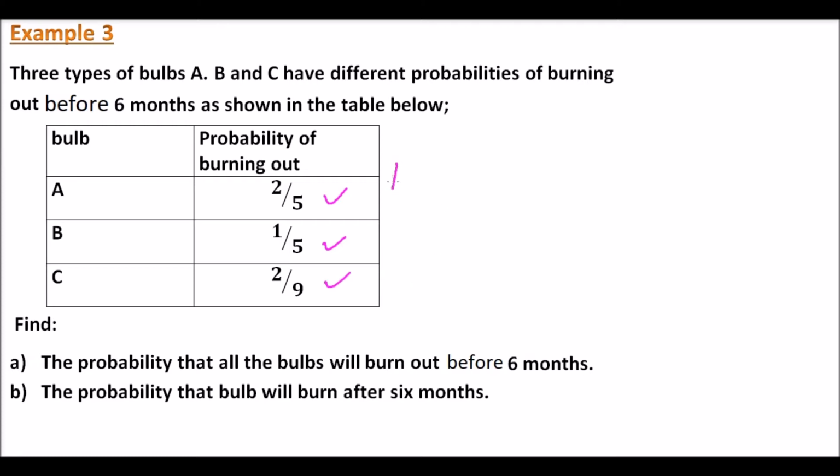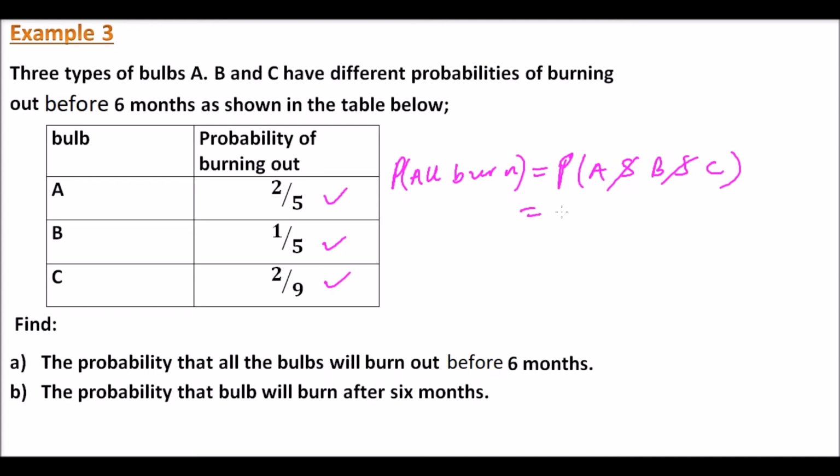So the probability of burnout is equal to the probability of A burning and B and C. This is because they are independent events. If bulb A burns, it does not necessarily mean that bulb B will burn.